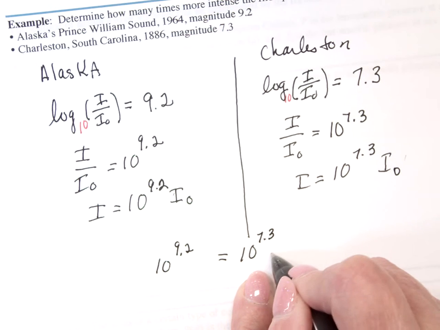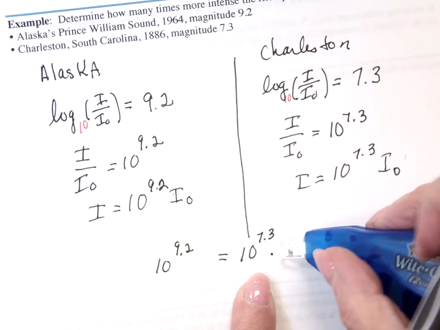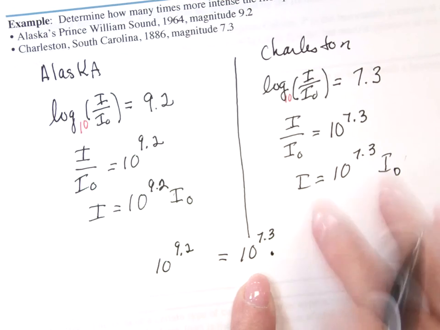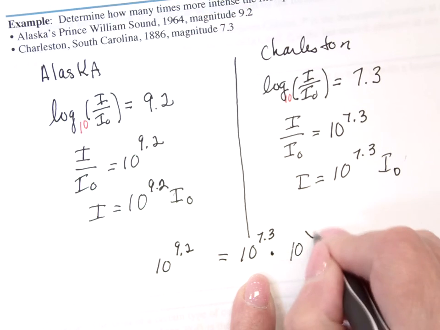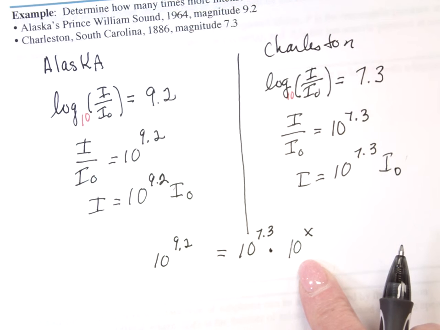Well, this is going to be times something. This is going to be times 10 to some power. That's going to give me essentially how many times more one was the other.